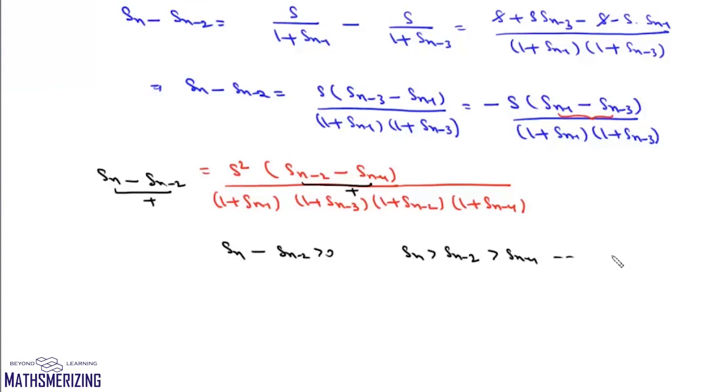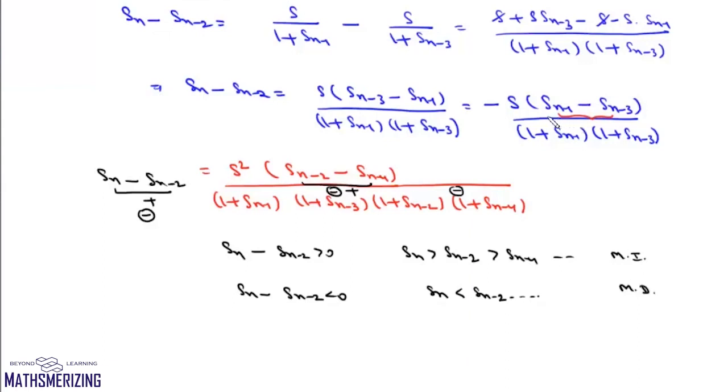This sequence will be a monotonic increasing sequence. And if this expression is negative, then all the terms in the series will be negative. So in that case, S_n minus S_{n-2} will be less than 0. That means S_n will be less than S_{n-2}. Then in that case, this sequence will be a monotonic decreasing sequence.